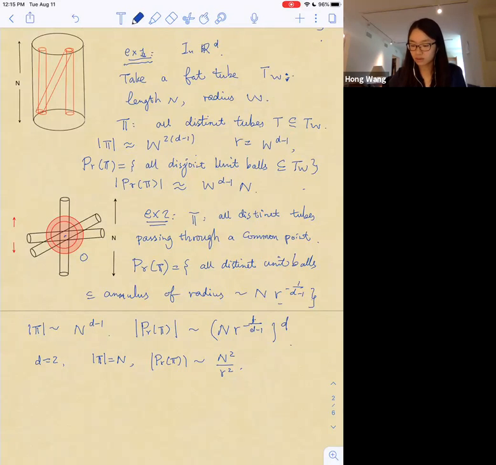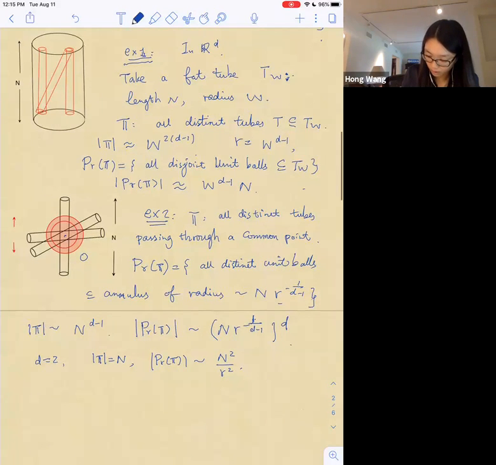This incidence question is related to some well-known questions. For example, the Kakeya conjecture can be translated as an incidence problem. So the Kakeya conjecture says the following.